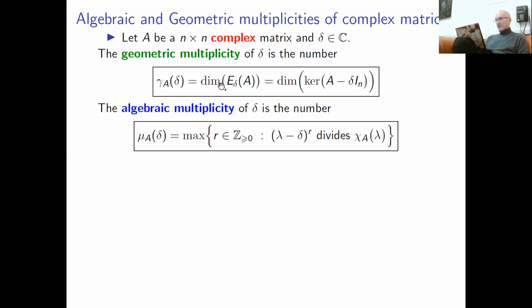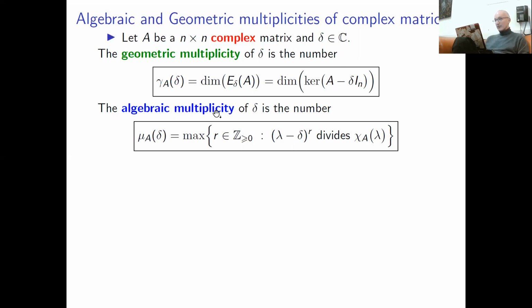So if algebraic multiplicity is positive, this means delta is just a root of the characteristic polynomial. And in this case, we know that this delta must be an eigenvalue, and the matrix A minus delta I should have zero determinant. Then we know by the complex rank nullity theorem that the nullity of this matrix is positive.